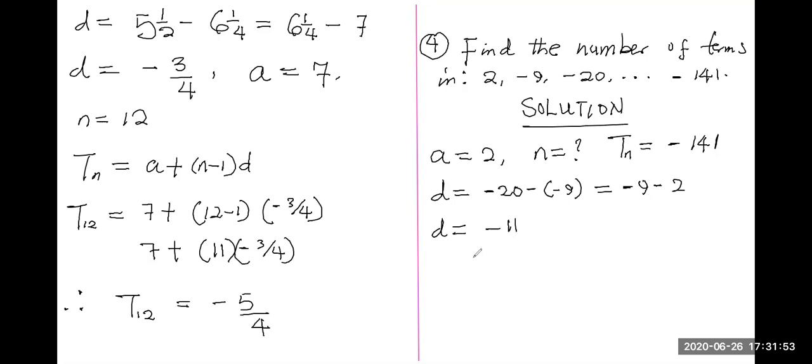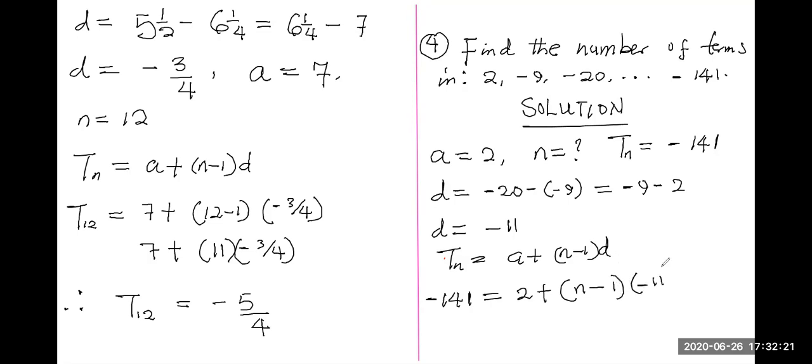All right, so we continue what we are doing now. Our formula Tn is equal to A plus n minus 1 D. Our Tn, the last term, is minus 141. So minus 141 is equal to our A, which is 2, plus n minus 1, since we don't know our n, we have to find it, multiplied by our common difference, minus 11.